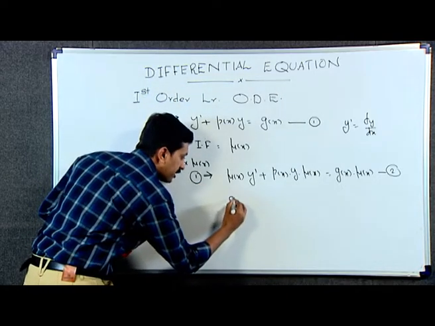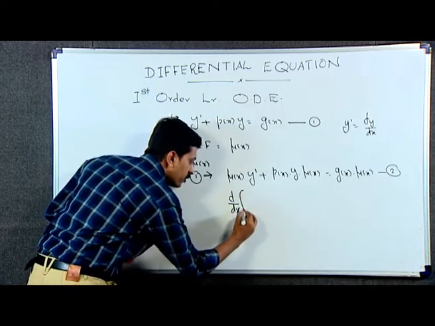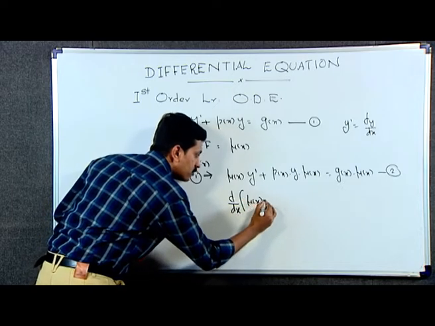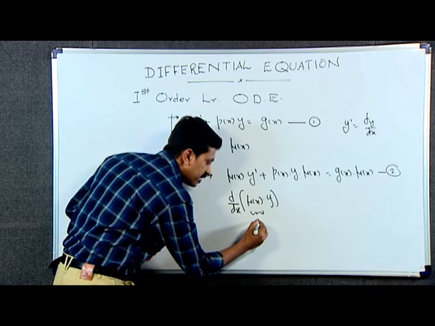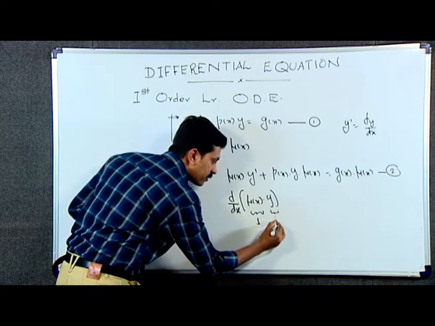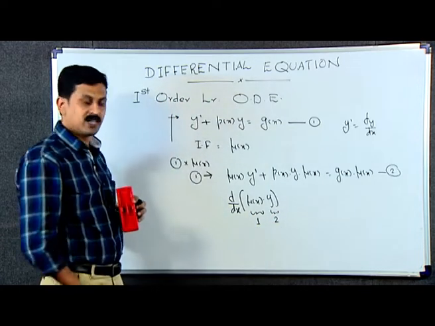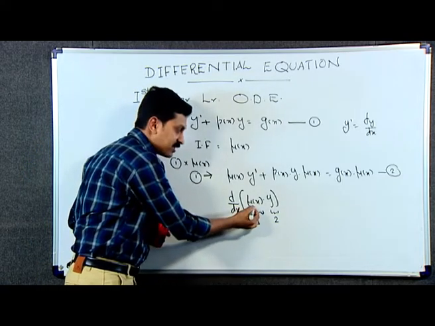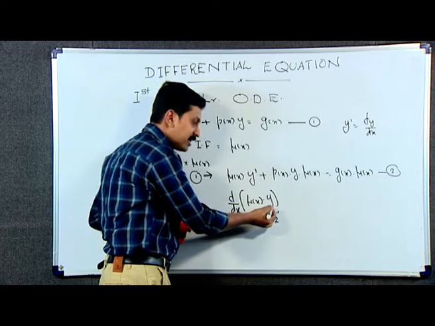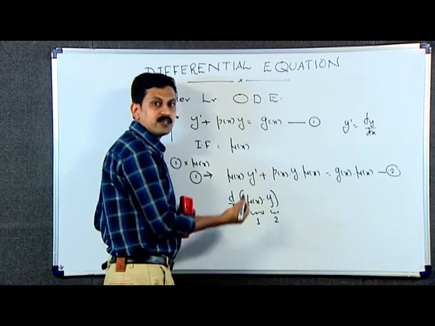Consider d by dx of mu of x into y. I can treat mu of x as the first function and y as the second function. We are using the product rule for differentiation: first function into derivative of the second, plus second function into derivative of the first.